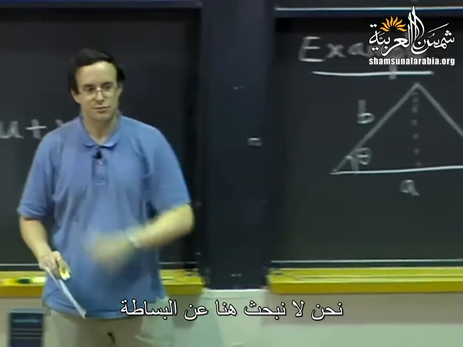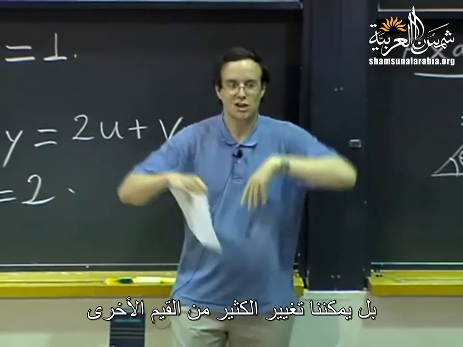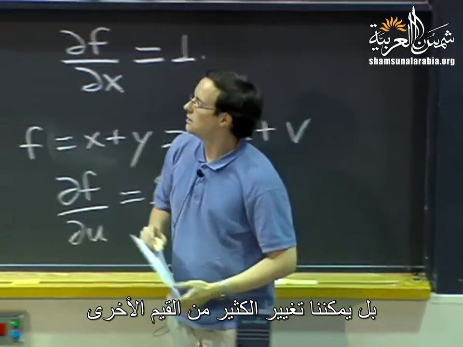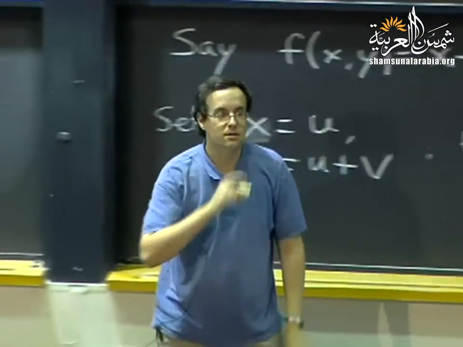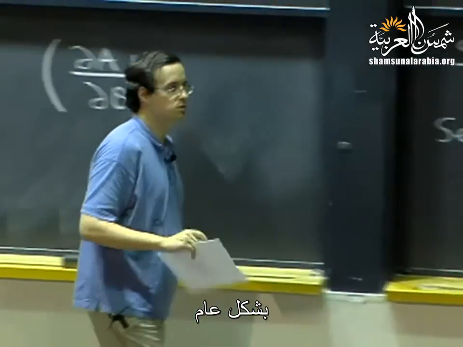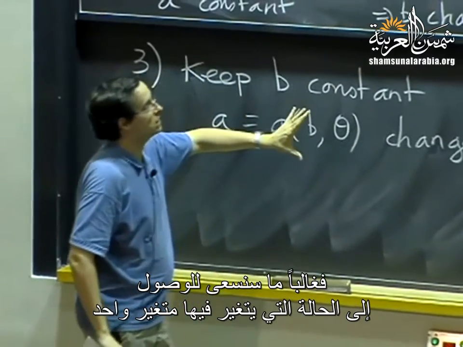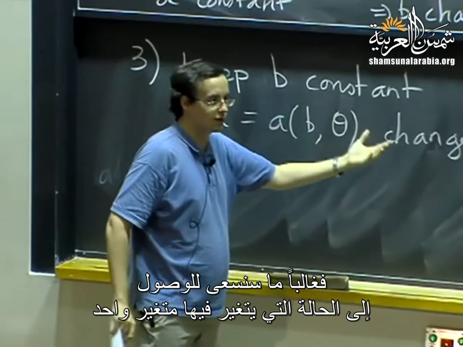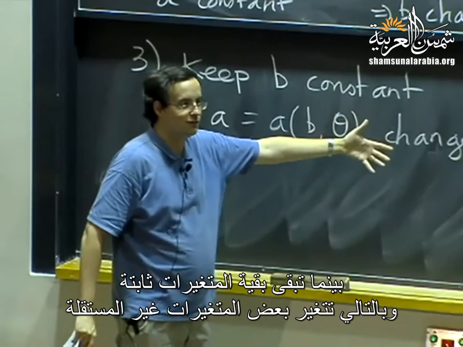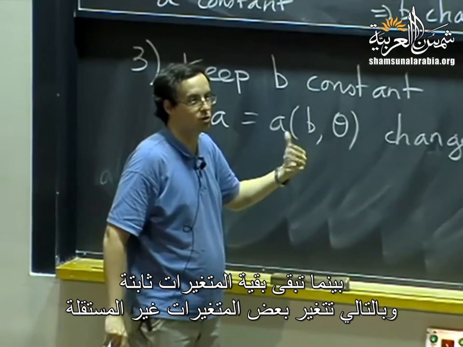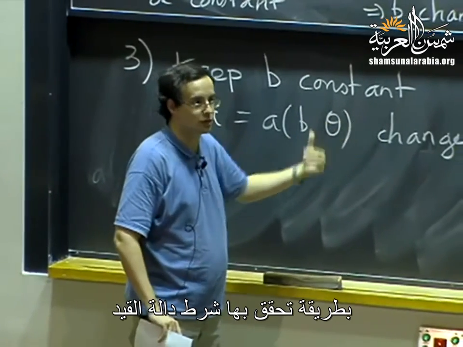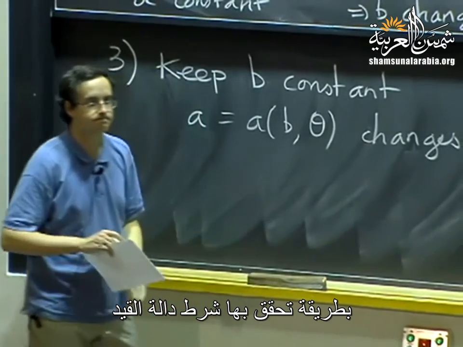I'm not looking at it for simplicity, but you could have many more. In general, once you have a set of nice natural variables, you will want to look mostly at situations where one variable changes, some of them are held fixed, and then some dependent variable does whatever it must so that the constraint keeps holding.